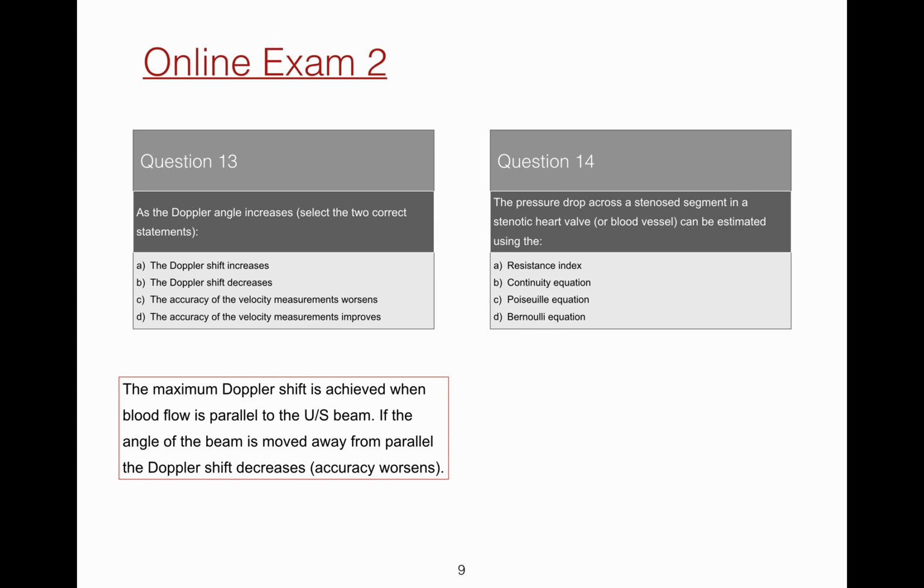Question 14. The pressure drop across a stenosed segment in a stenotic heart valve or blood vessel can be estimated by using which of the following? The simplified Bernoulli equation is used to estimate pressure drop.